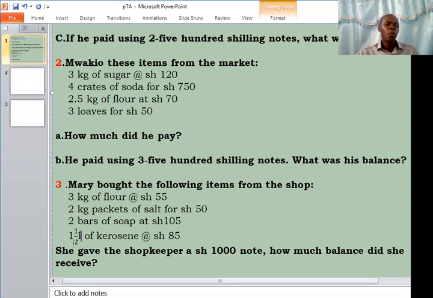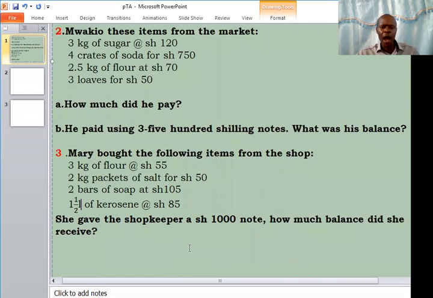We shall take 1.5 multiplied by 85. If you want to work out that question, probably you're going to change 1.5 into an improper fraction. That means 2 times 1 plus 1. You're going to get 3 halves multiplied by 85, and you get the total amount.